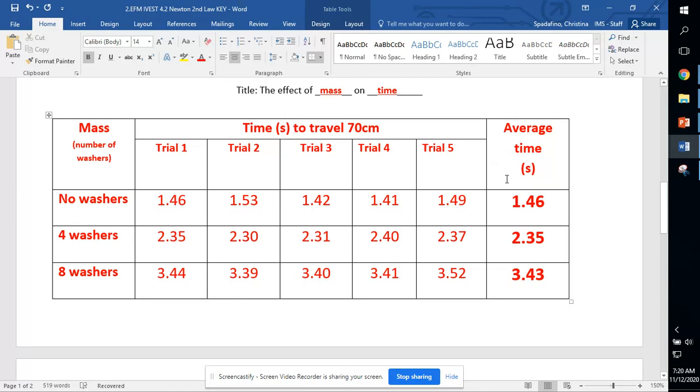And then finally is your dependent variable in the right column, which was your average time, which means you had to add each trial up and divide by 5 to get your average, which was 1.46, 2.35, and then 3.45. That makes sense because as we increase the mass of the car, it took a longer time for the car to travel 70 centimeters.